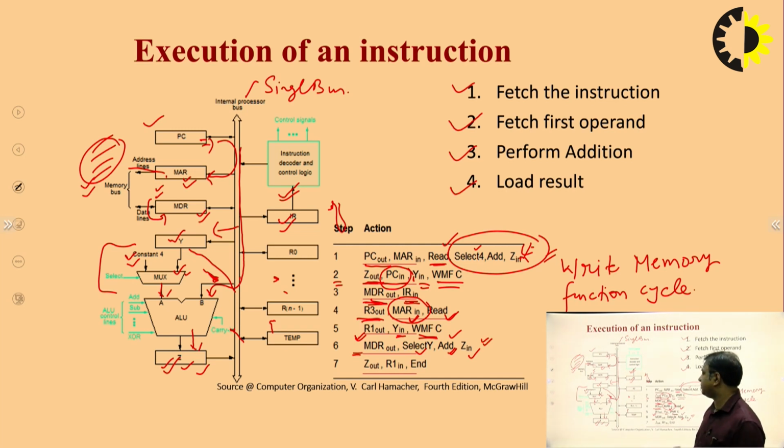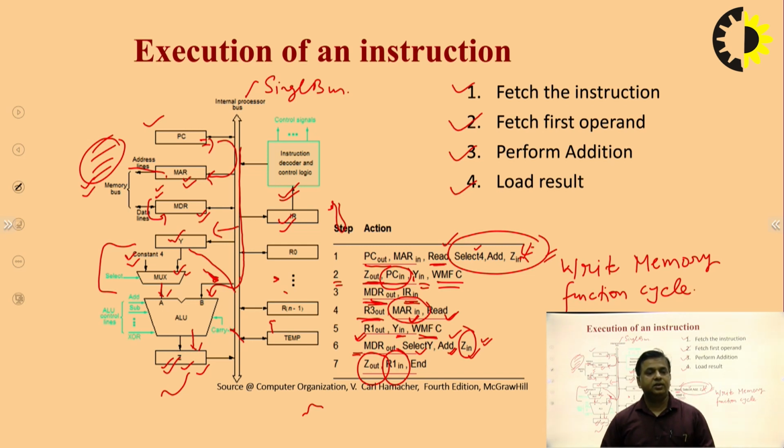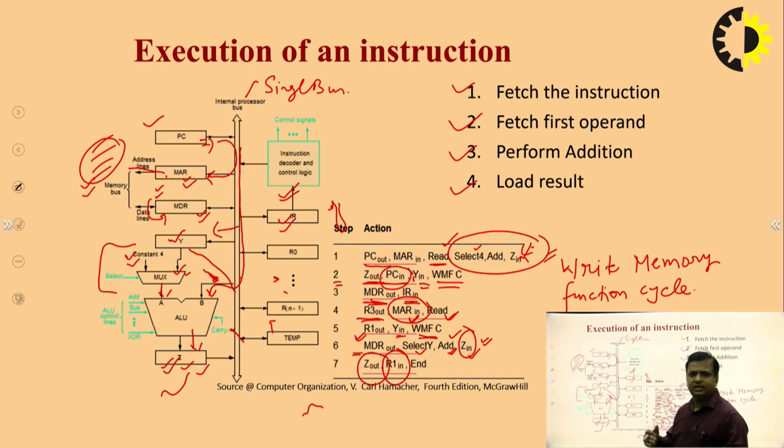The addition has been performed, that means both contents have been added and transferred into Z. Then Z out, Z transfers its contents to register R1, because we want to store the result in R1, right?